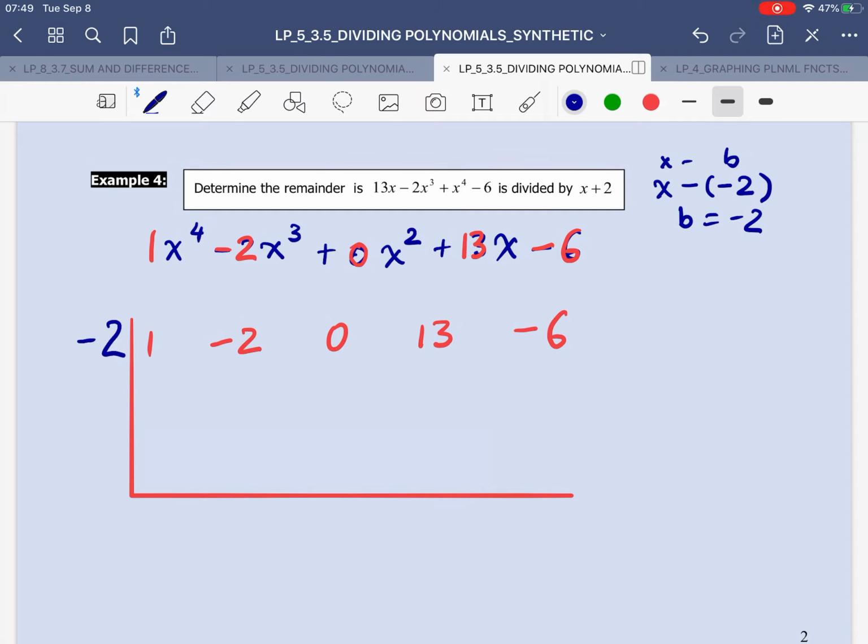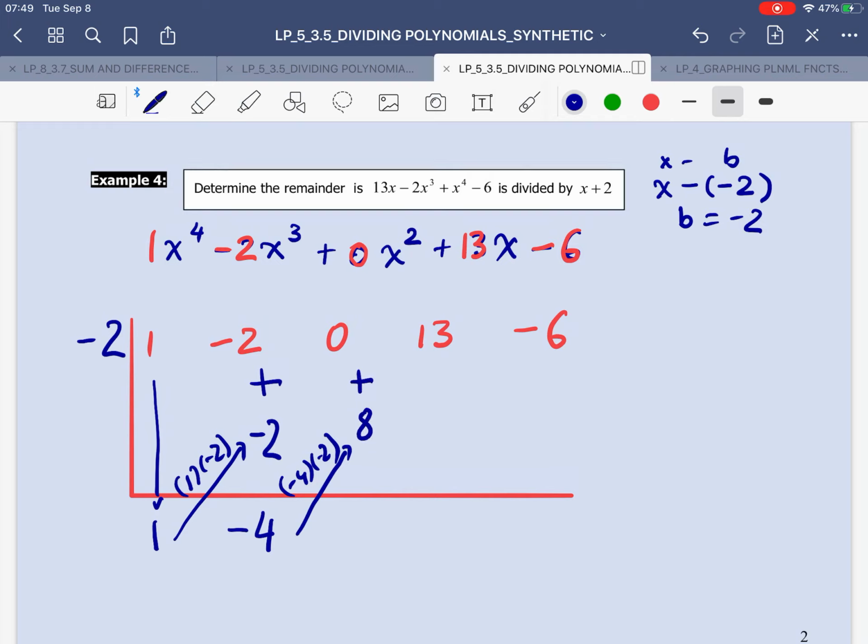And now we'll perform the division as usual. Bring down 1. 1 times negative 2 is negative 2. Add. Negative 2 plus negative 2 is negative 4. Multiply by negative 2 again, so that's positive 8. 0 plus 8 is 8.